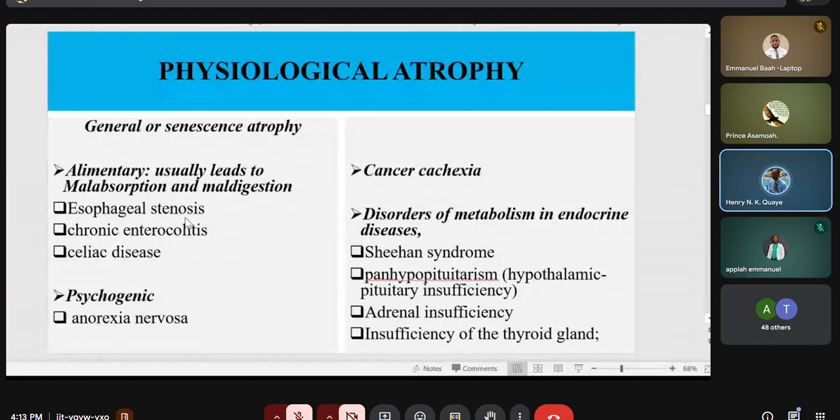As a result, the gland can't make enough hormones, resulting in hypopituitarism. So, in short, this is what it is telling us. It has more, but this is it.